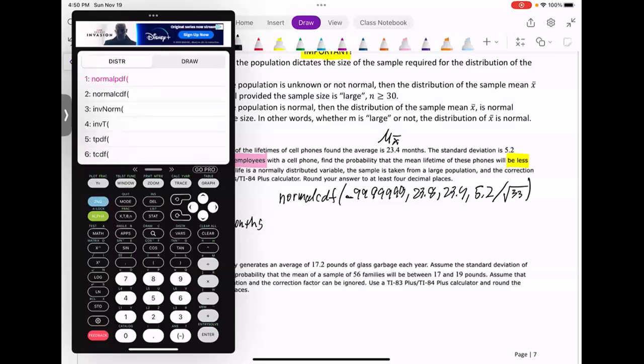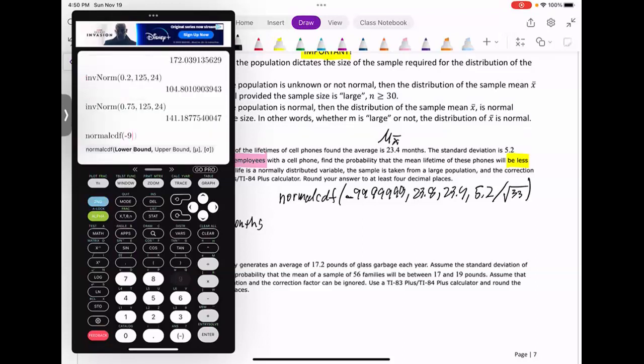Second distributions, normal CDF, negative big number, up to 23.8. The mean is 23.4. The standard deviation, I'm going to put it directly in, 5.2 divided by the square root of 33.